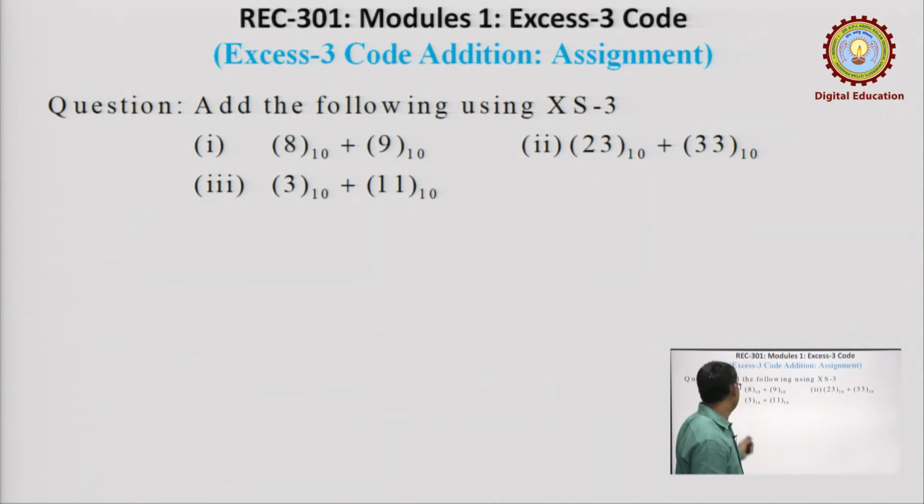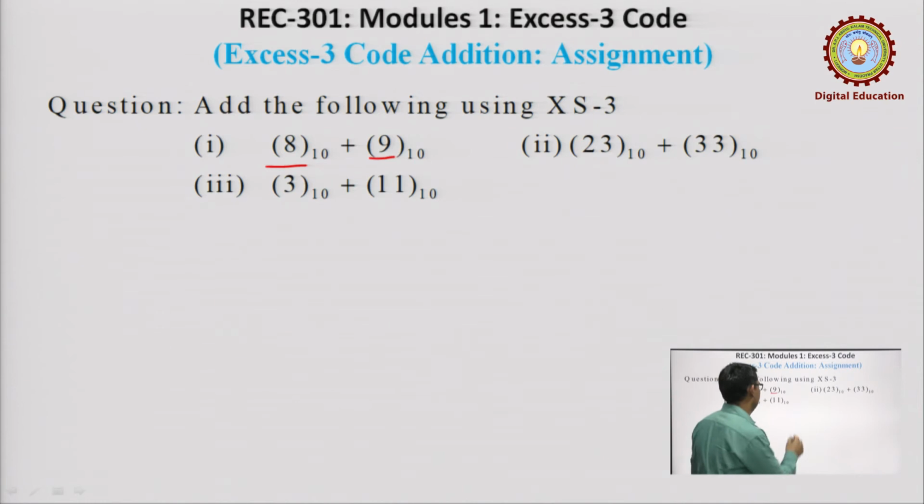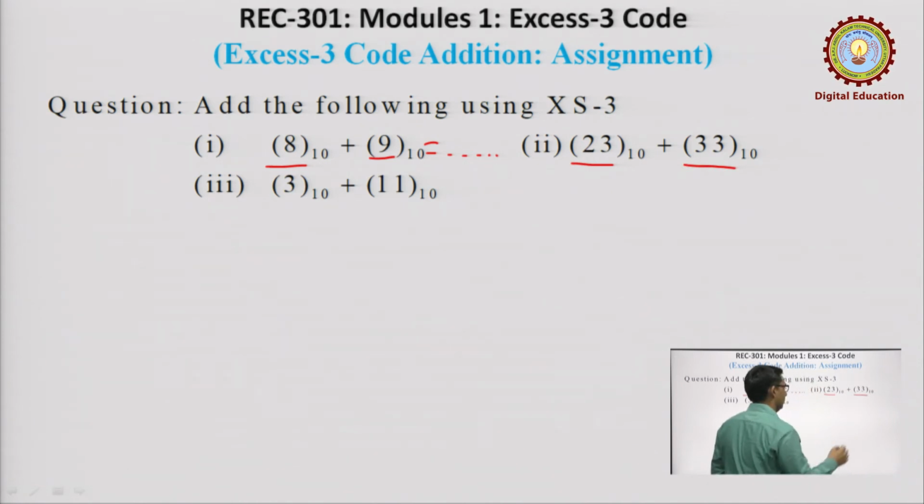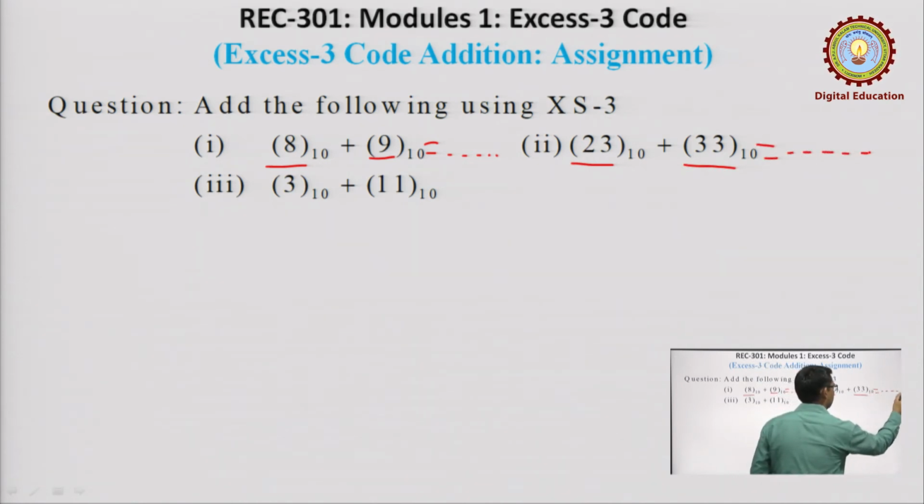So, these are the questions. Add the following numbers using XS3 code. This is the assignment: 8 plus 9. What will be the answer? Second one is 23 plus 33. What will be the answer for this?